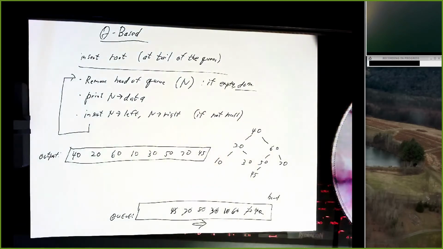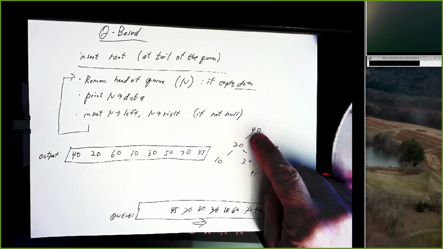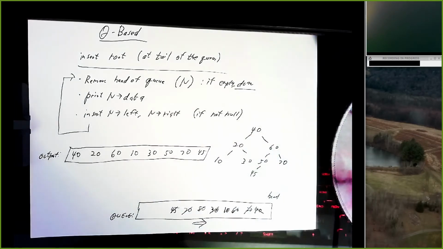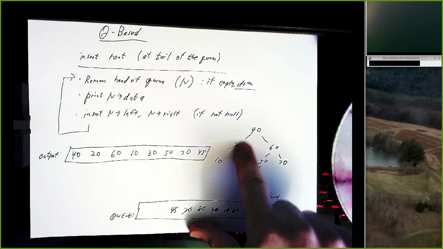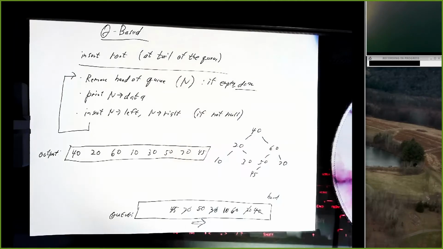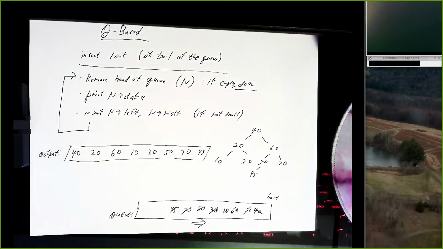That's possible. So the 40 came out first, that's the node. And then if we go left, we printed that node. But then we jump up and we go to the right of the original node. Oh, that's a 20, not a 70. Oops.